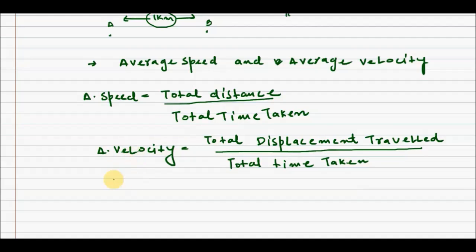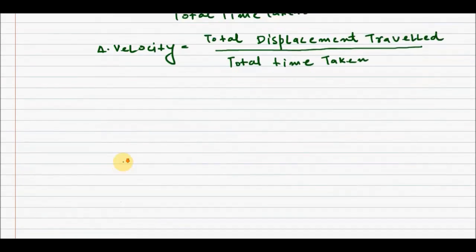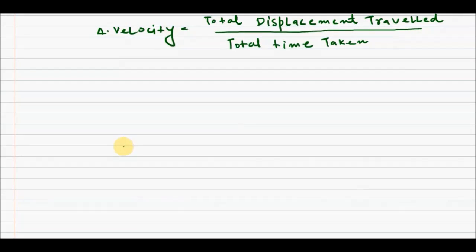Now, to understand why we actually need average speed and average velocity, let's take an example. Let me say that a person standing at A wants to travel to B, and the distance between A and B is 5 meters, and the time he takes for this motion is 2 seconds.